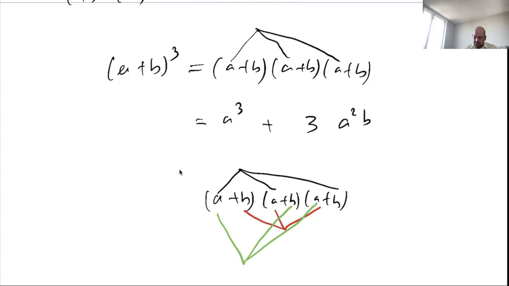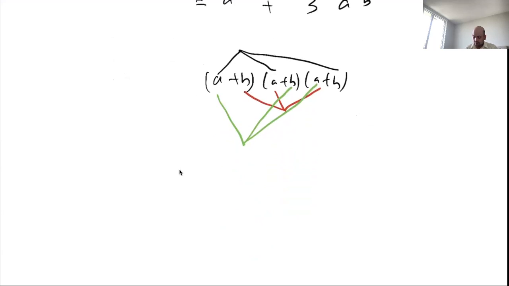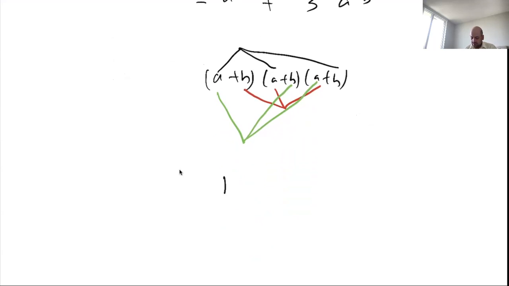So the thing that we said was that, okay, in order to count how many a squared b terms we have, we can look at which brackets I'm going to choose. I have 3 brackets in total. Which of these 3 brackets I'm going to choose so that I choose a from them? Well, we can choose a from brackets 1 and 2, or we can choose a from brackets 2 and 3, or we can choose a from brackets 1 and 3.